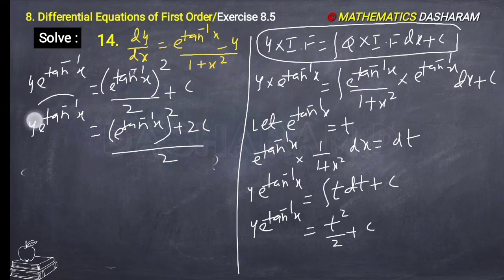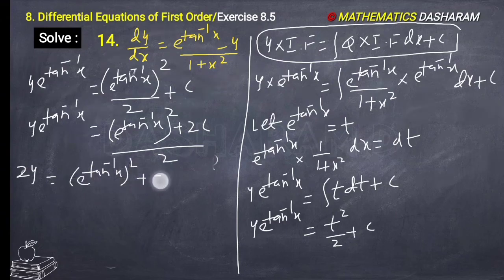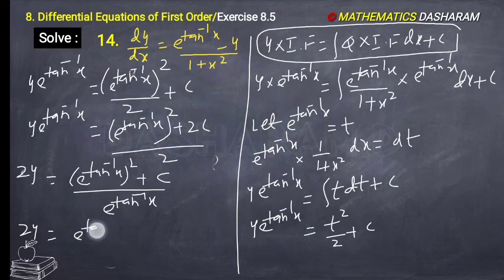Next, 2 transpose to the left side, e to the power of tan inverse x to the right side. Then 2y equals e to the power of tan inverse x whole square plus 2 into c, which can be written as c by e to the power of tan inverse x. Then 2y equals, split into two fractions, e to the power of tan inverse x plus c by e to the power of tan inverse x. So this is our required answer.